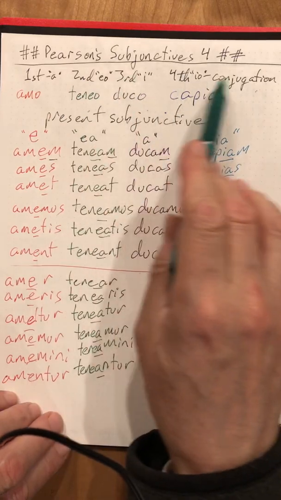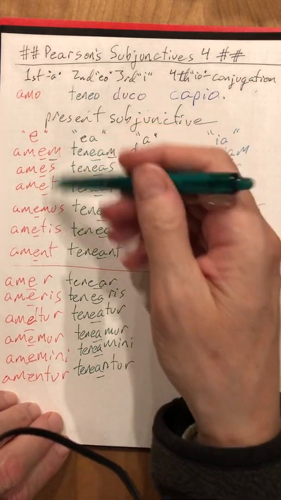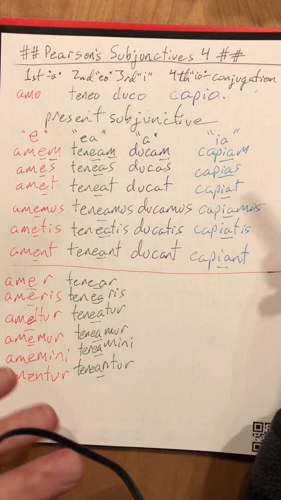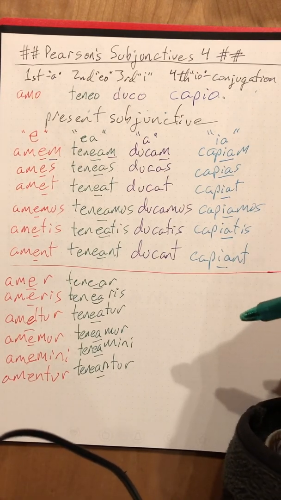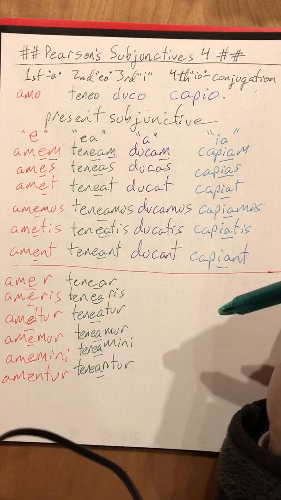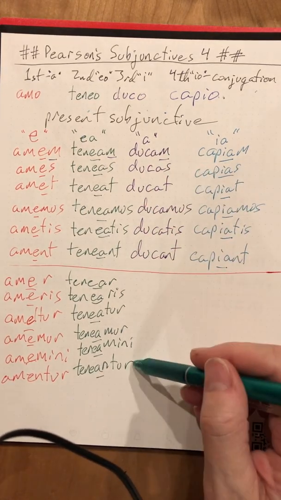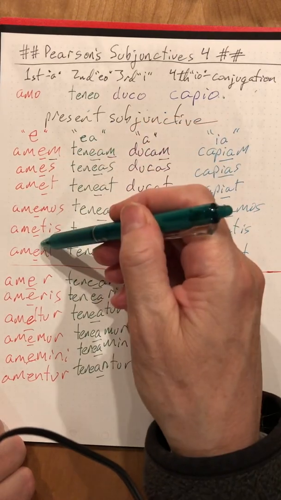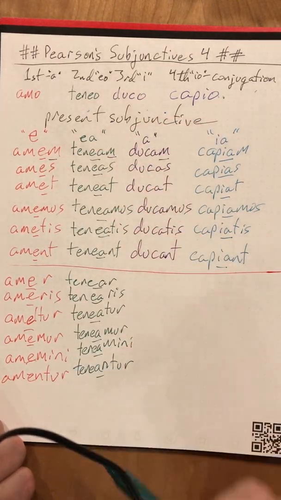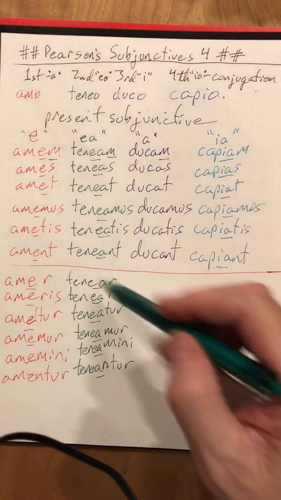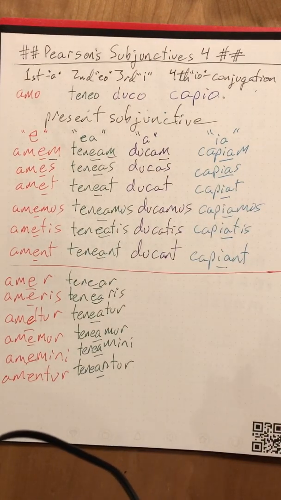And depending on what verb group they belong to, they are formed this way, which is all that a verb group is. It's a collection of similarly formed verb forms. Here's the active, here's the passive, singular and plural. So this is the present subjunctive, and its weird, funky vowel changes depending on the conjugation.